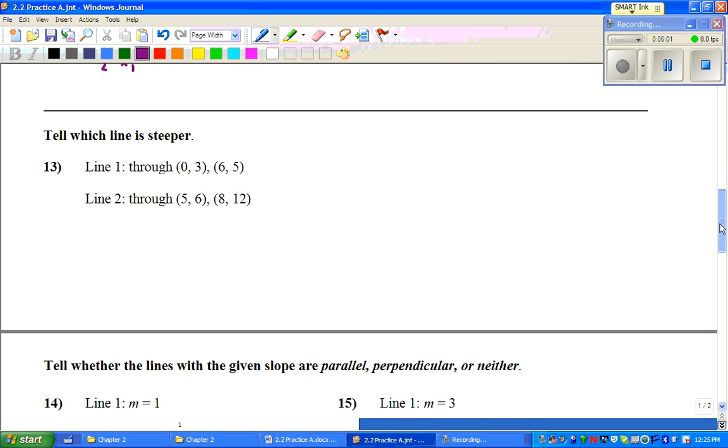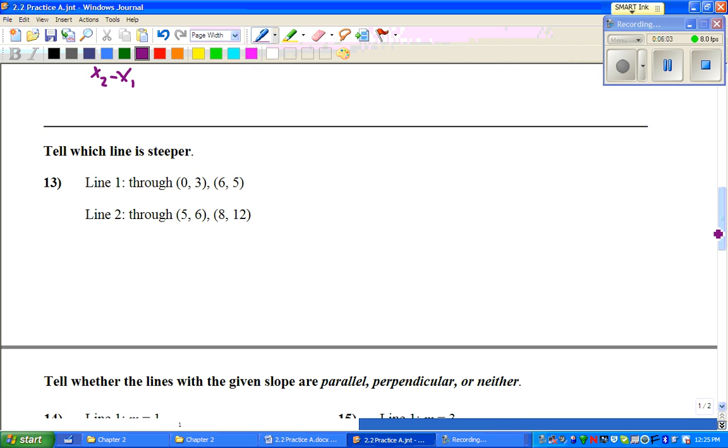For these ones, what's going to happen is, which line is steeper? The greater the number, the more steep the line is. If you think about that, if you were to draw in your x and y axis, okay, imagine that this right here was the ground. That's the ground. And then this is you looking straight up to the sky.